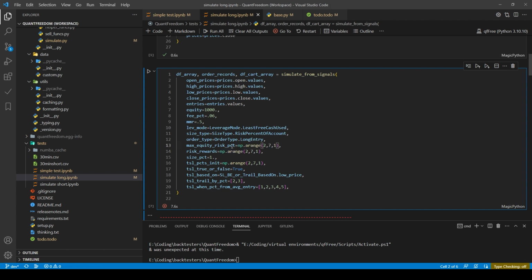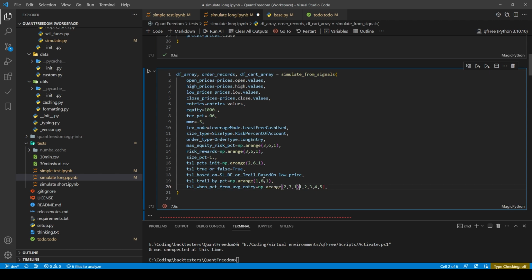Alright, so this is what we'll do. Max equity risk is going to be 3 through 5. Then risk to reward is going to be 2 through 5, 3 through 5, 3 through 5. Then we'll do 5. Then 1 through 5, I guess.